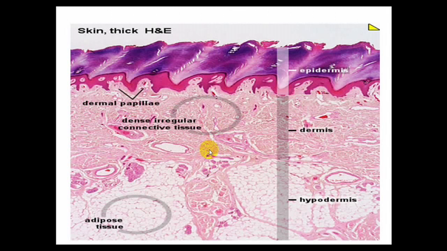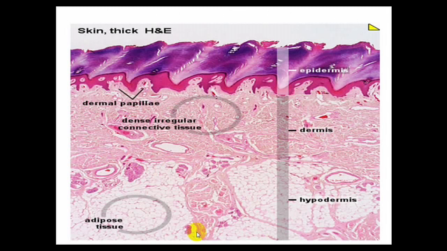The characteristic feature of this layer is that it is composed of dense irregular collagenous connective tissue, with type 1 collagen fibers, thick elastic fibers, and abundant sebaceous and sweat glands distributed along this reticular layer.